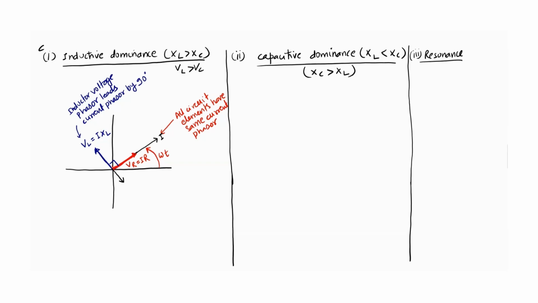Now this is VC, the capacitor voltage phasor. This lags the current phasor by 90°.